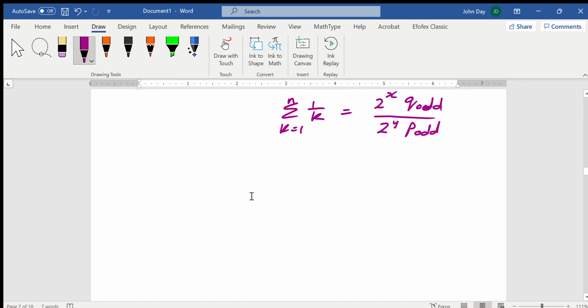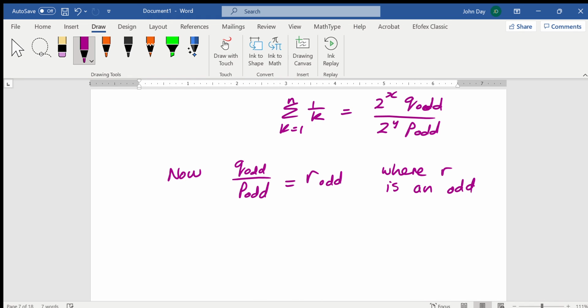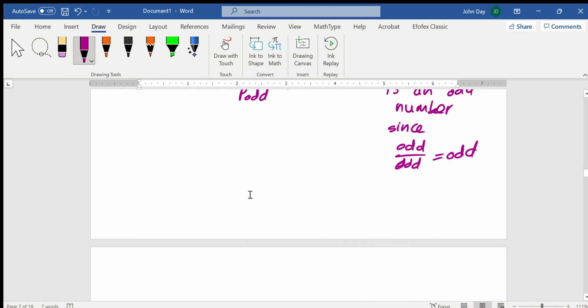Now, we know that q odd on p odd equals some r odd, where r is a positive odd number, because an odd divided by odd equals odd. Well, that's only going to work if q is bigger than p, and q is bigger than p, right?